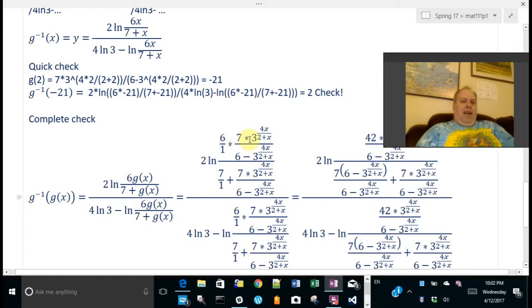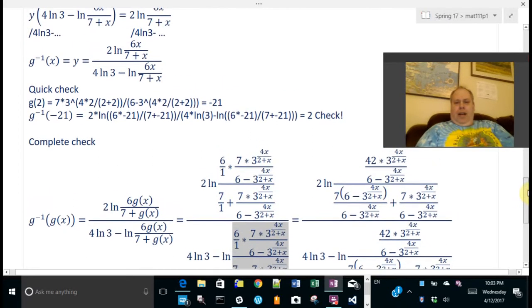Remember, the 7 times 3 can't be simplified because it's not a 3, it's 3 to a power, and that's different from a regular 3. Similarly, on the bottom, I made exactly the same thing, so anything I can do up here, I can also do down there.